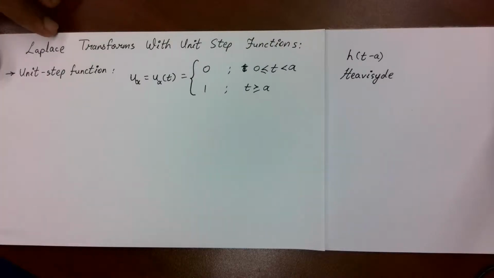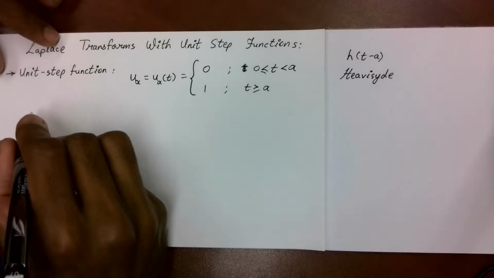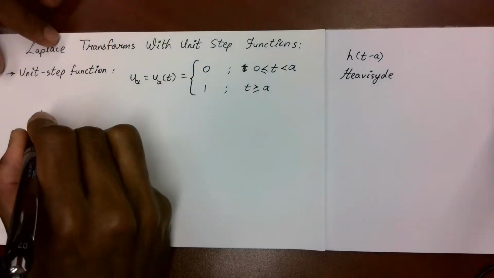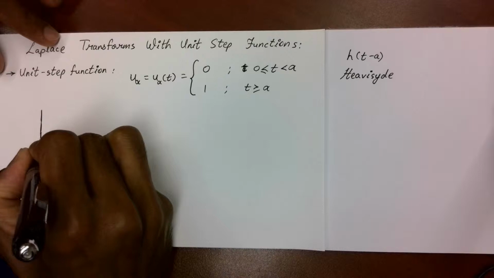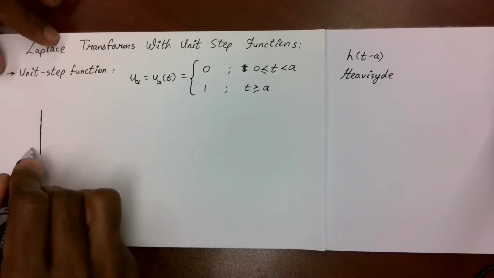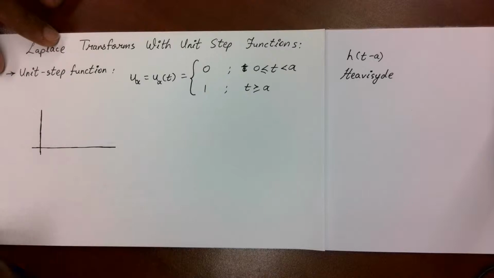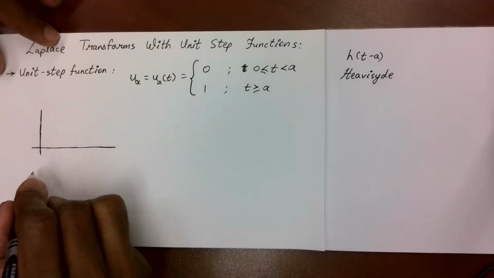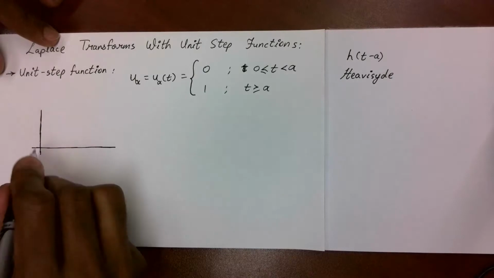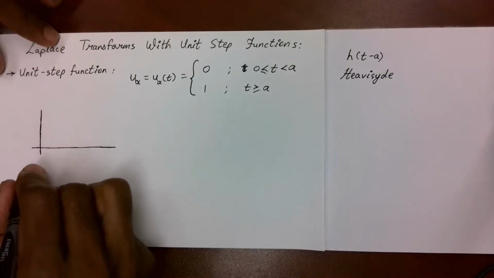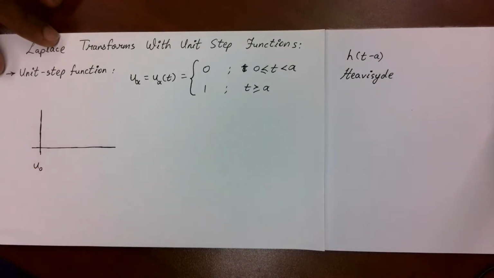So here are a few examples of the unit step functions. Here's my vertical axis, f of t, and the horizontal axis, t. Let's start with the most basic unit step function, which I would like to call u0.